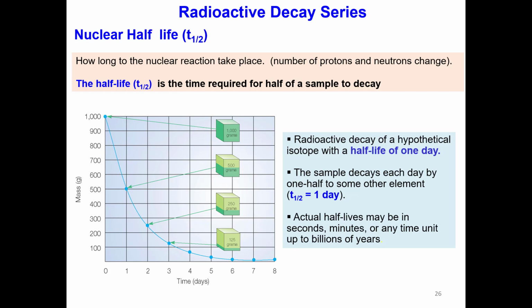Yes, it is the time required for the sample to be reduced in half. This is the nuclear half-life. The nuclear half-life can be in seconds, in minutes, or any unit of time, up to billions of years, as we saw in the case of uranium.